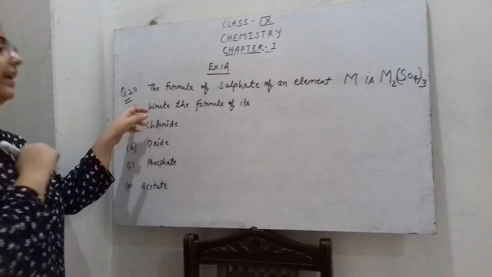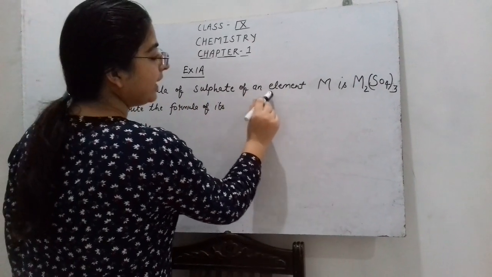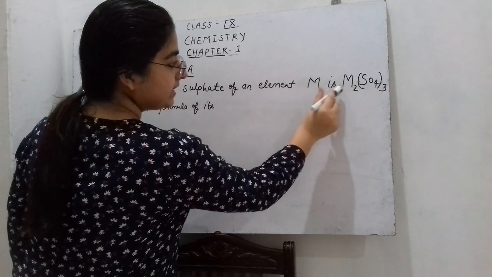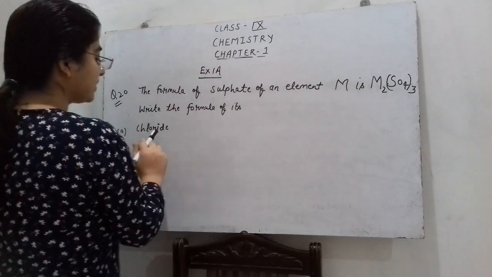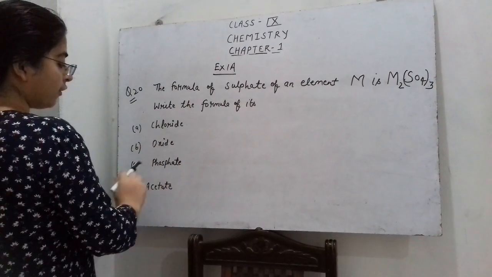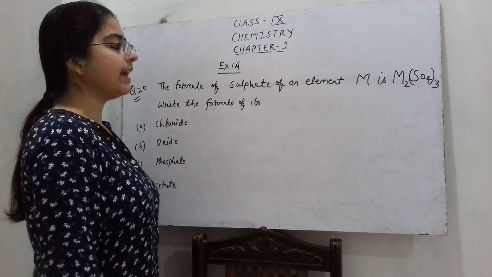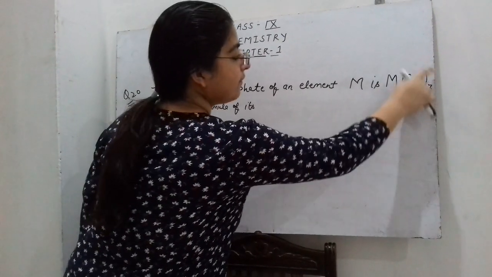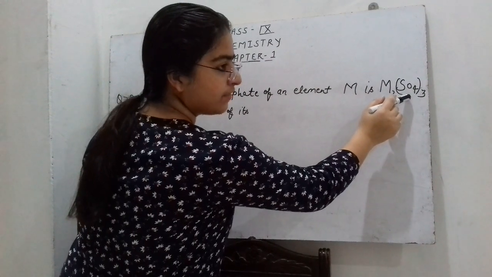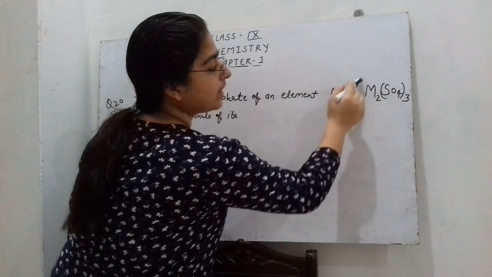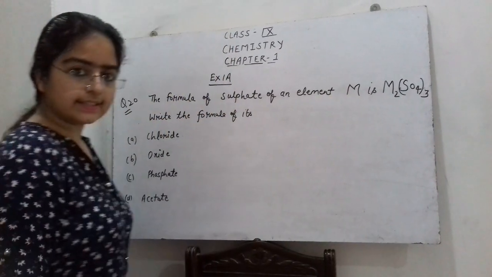Now in question number 20, it is given that the formula of the sulfate of an element M is M2(SO4)3. Write the formula of its chloride, oxide, phosphate and acetate. In the question, it is given that the formula of the sulfate of an element M, meaning when this element M combines with the sulfate ion, the formula of the compound which is formed is M2(SO4)3.